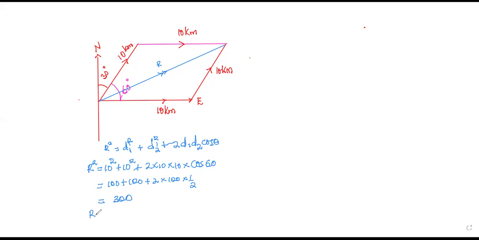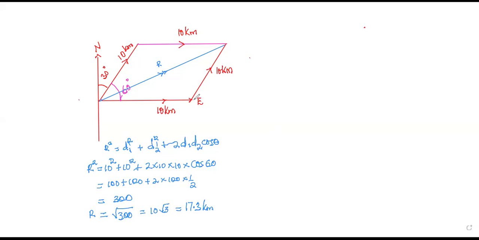Therefore, the resultant is equal to the square root of 300, and this is 10 root 3. 10 root 3 is, I think, 17 point something kilometers. So this becomes the resultant displacement.